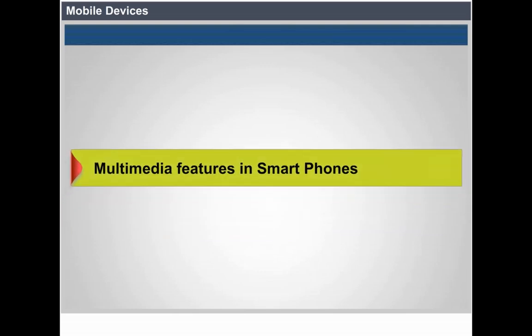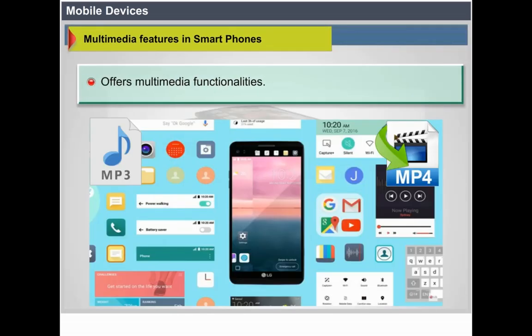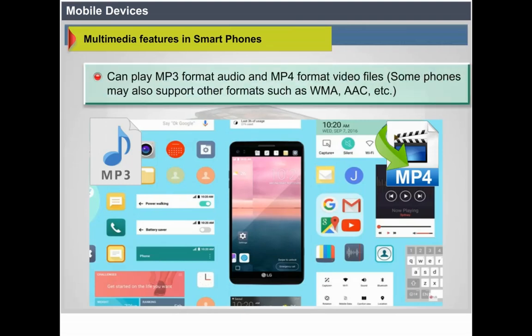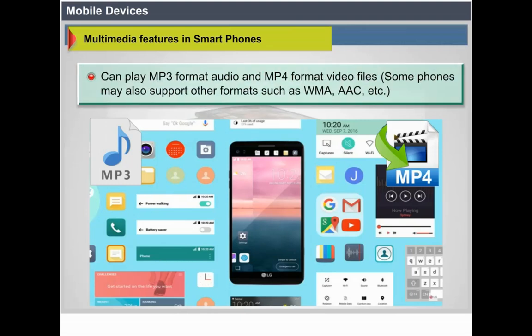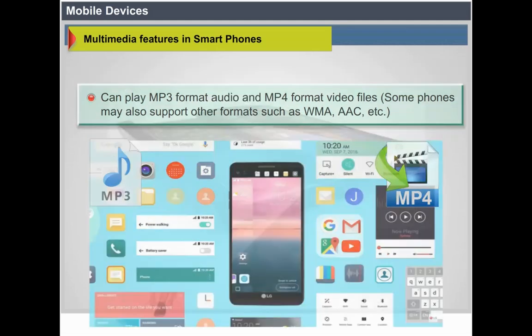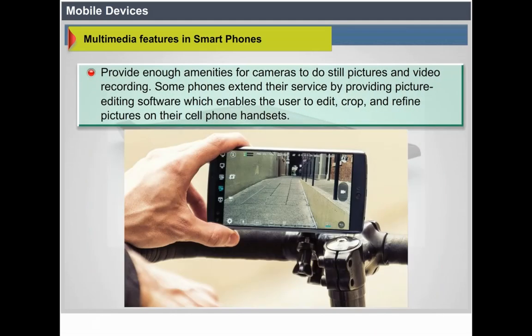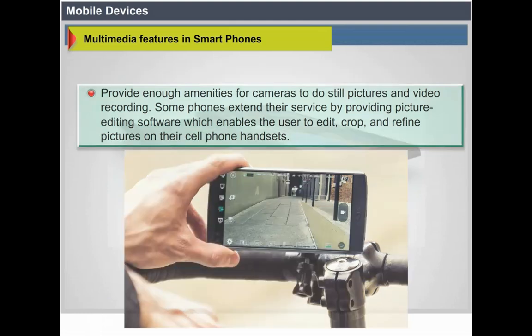Multimedia features in smartphones. Offers multimedia functionalities. Can play MP3 format audio and MP4 format video files. Some phones may also support other formats such as WMA, AAC, etc. Include cameras for still pictures and video recording. Some phones also offer picture editing software which enables the user to edit, crop and refine pictures on their cell phone handsets.